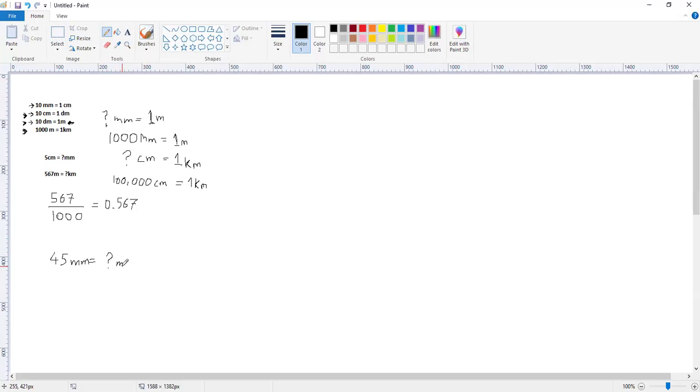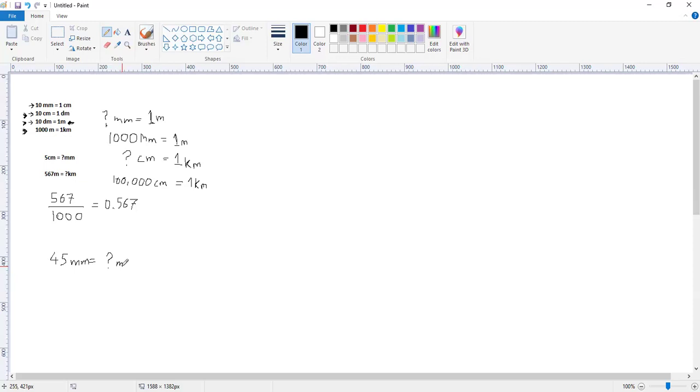I know millimeters is at the bottom, so I'll do 45 millimeters, 4.5 centimeters, 0.45 decimeters, and then 0.045 meters.